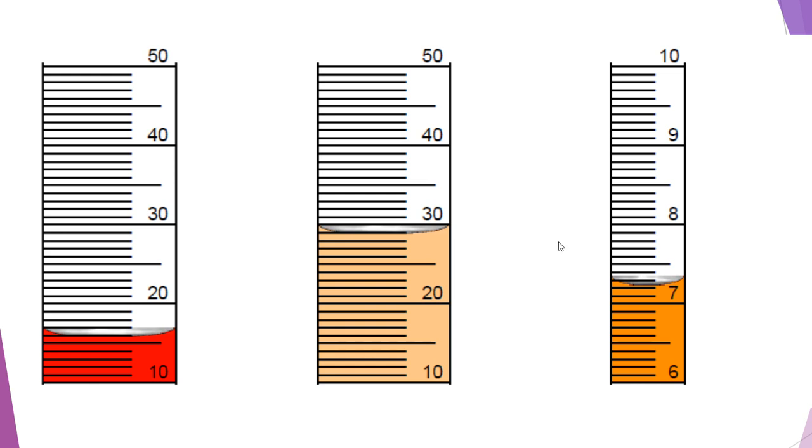Moving on to the next graduated cylinder, the bottom of the meniscus is definitely above 7. Then when we count our hash marks, we are 2 hash marks above 7. This time, the next increment is at 8. So we can't be whole milliliters for every hash mark, because then we would have 8, 9, 10, 11, 12, 13.